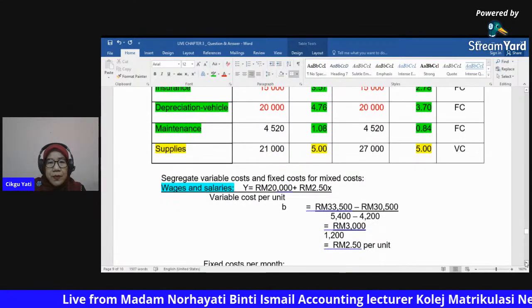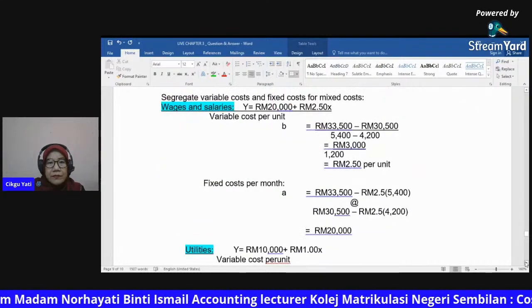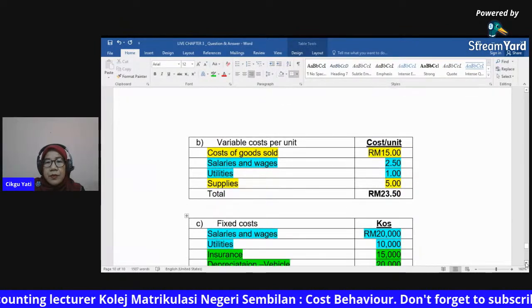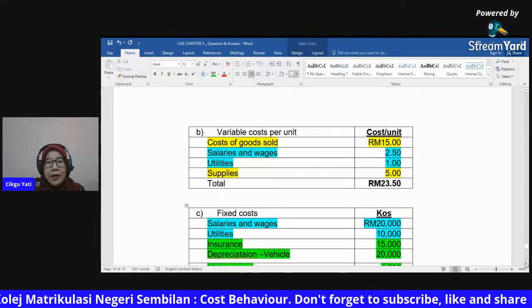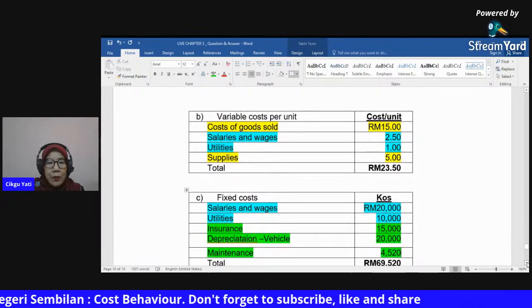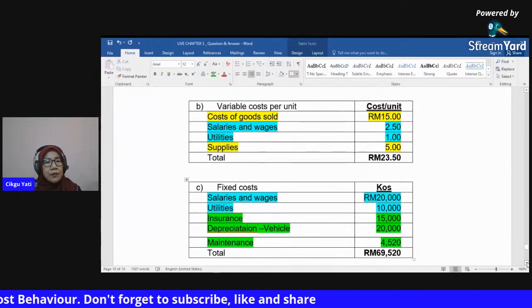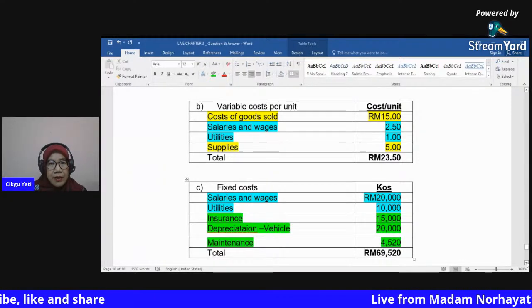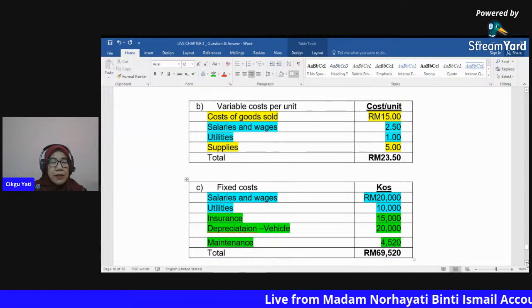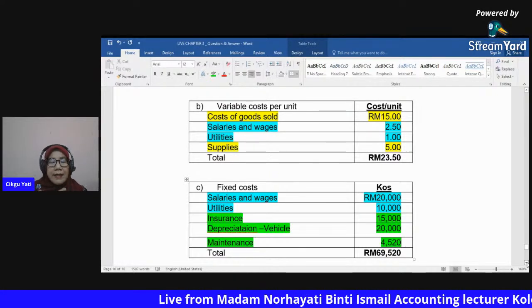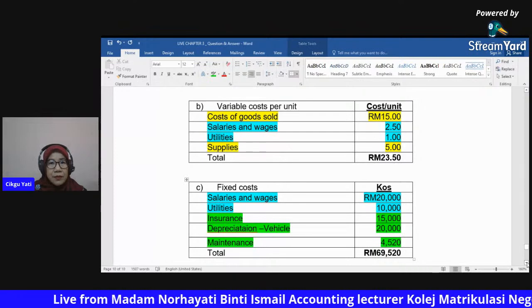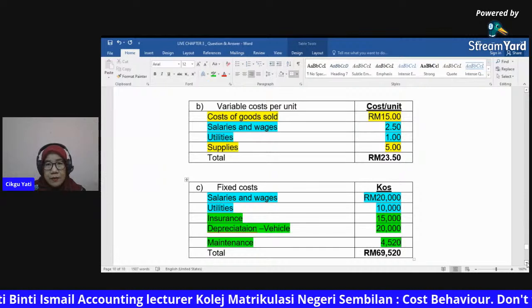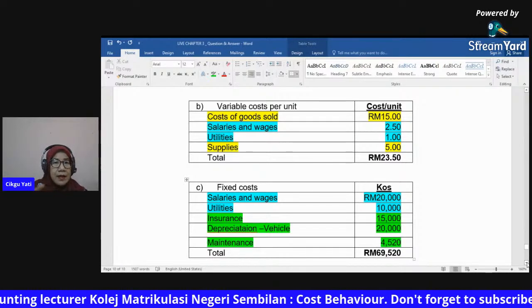So the conclusion for this topic, I give you the conclusion. The first one, you must know how to calculate variable cost per unit using the high-low method. And as you know, when you apply the high-low method, you must identify the lowest unit with the lowest cost, and the highest unit with the highest cost.